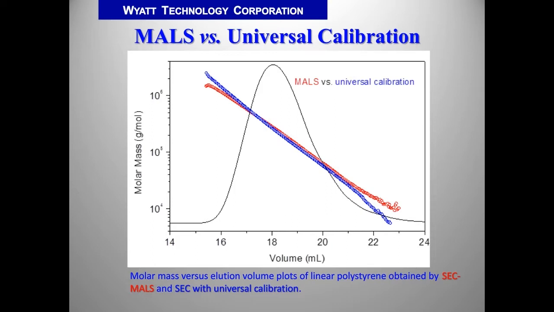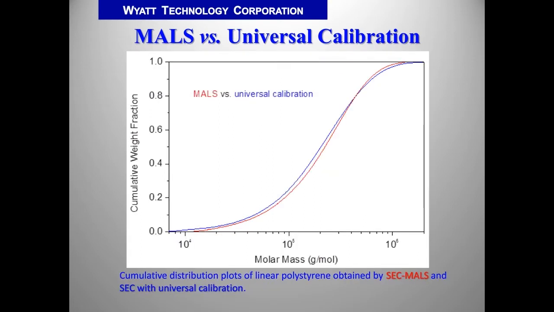The overlay is fairly good, but there is a difference at the very beginning and very end of the chromatogram. And this difference is then well seen on the distribution plot.